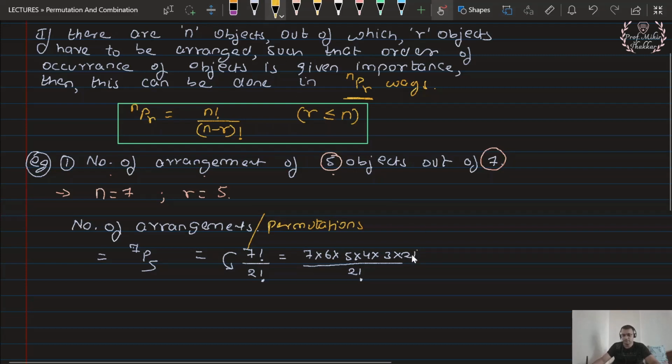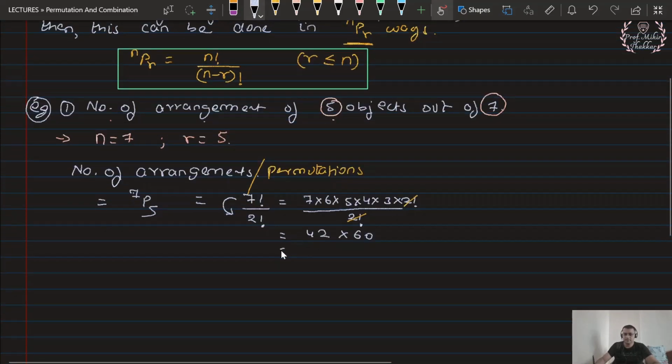So just cancel off the 2 factorial values and multiply the remaining numbers. 7 into 6 is 42, 4 into 3 is 12, 12 into 5 is 60. So when I multiply, this 0 will come as it is. 6 into 2 is 12, 6 into 4 is 24, and 1 is 25. So basically there are 2520 ways in which you can arrange 5 objects out of 7.